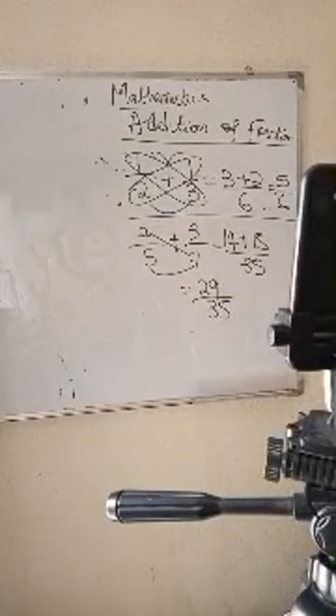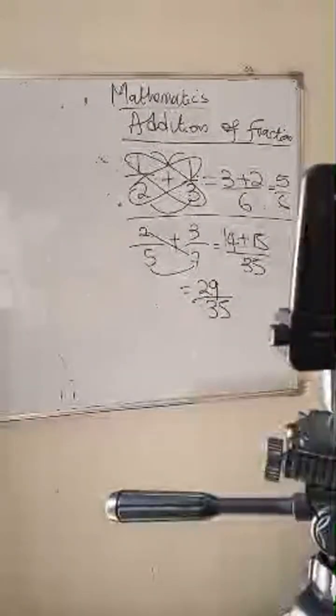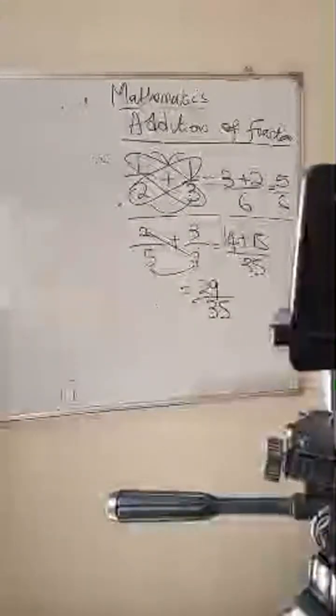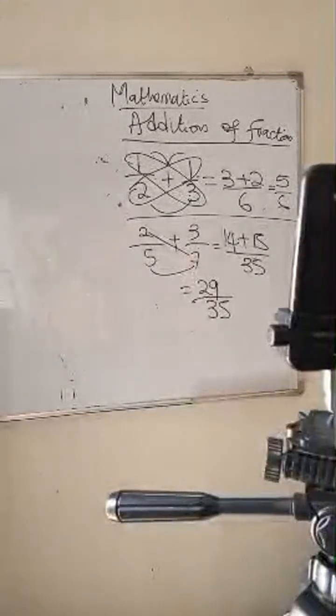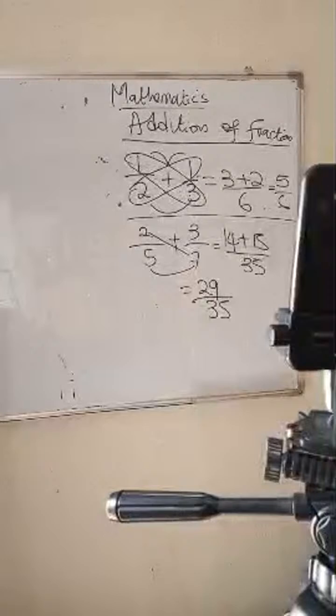So, do you get the answer? If you get the answer correctly, you should let me know. Adding fractions is very, very easy to do. All you need to do is to check the denominator. Whenever the denominators are different, all you have to do is to multiply the given denominators. The product serves as the new denominator.